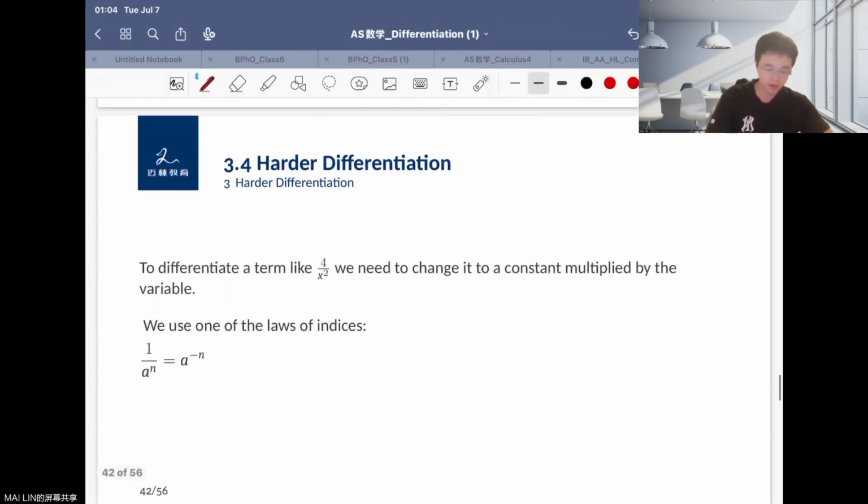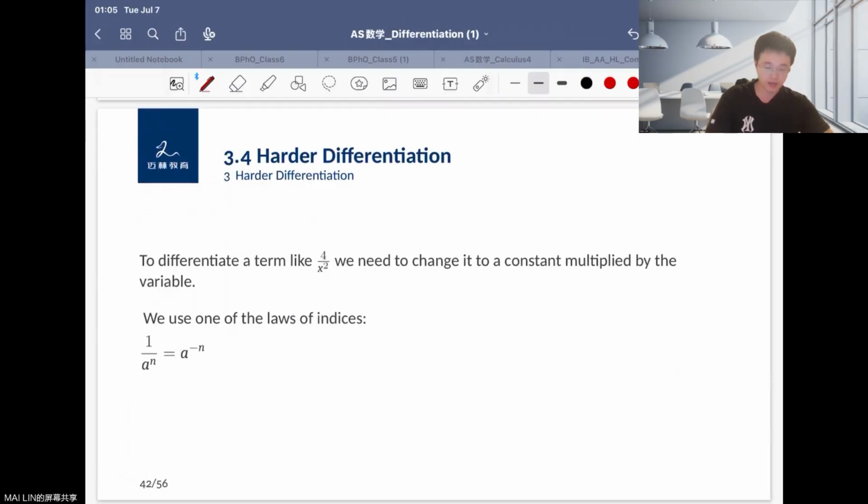Also, we can consider equations like 4 over x squared. We first change the shape, like 4 times x to the power of negative 2, because 1 over x squared means x to the power of negative 2. So 1 over a to the power of n can be considered as a to the power of negative n, which we can use in the equation.